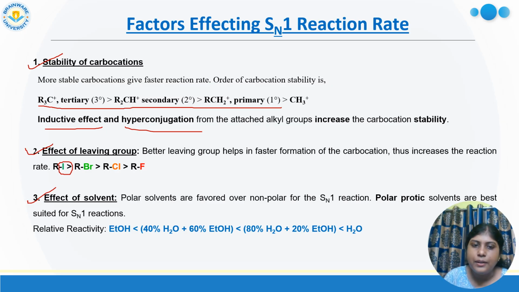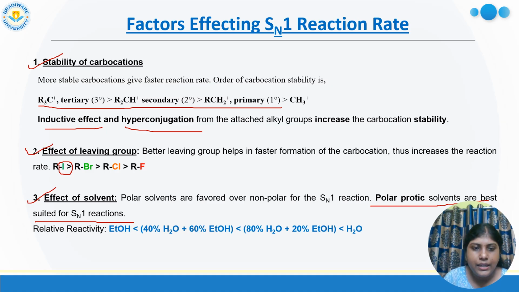The third point is effect of solvent. Polar solvents are favored in this reaction because there is a formation of carbocation. So carbocation can be stabilized in polar solvent. So polar protic solvents are the best suited for the SN1 reaction.